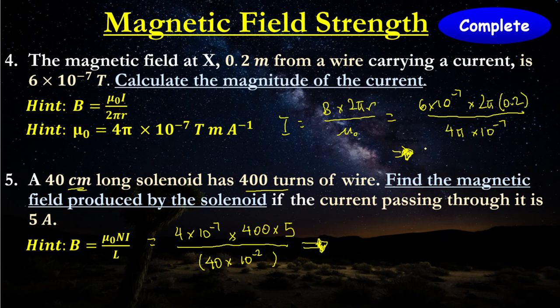For my value up here, I have 0.6 amps. For my next one, I get a value of 0.00628 tesla. You could convert this and write it as 6.28 millitesla. That could work too. This way you're just leaving it in SI units. So that's how you deal with that question.